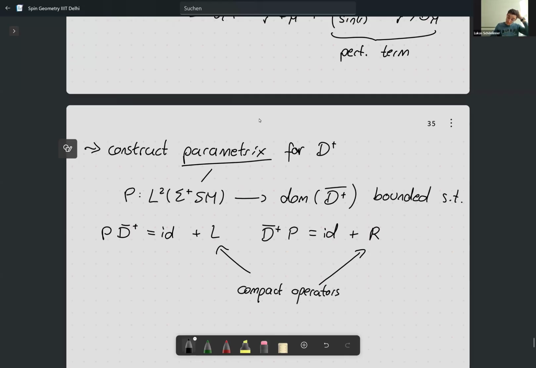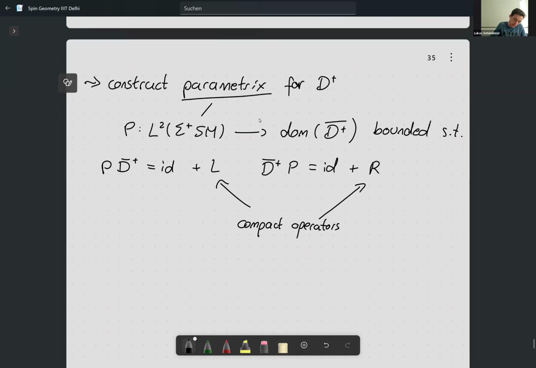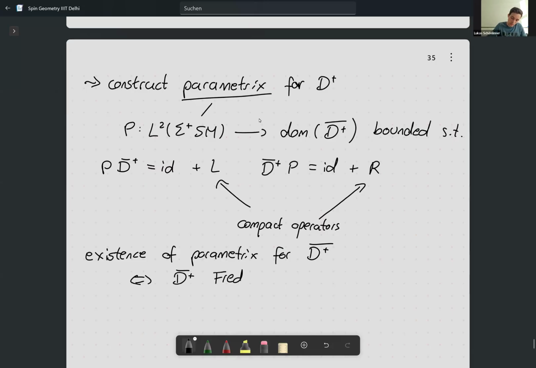And the existence of a parametrix for an operator is equivalent to the operator being Fredholm. So existence of a parametrix for T plus bar is equivalent to T plus bar being Fredholm.